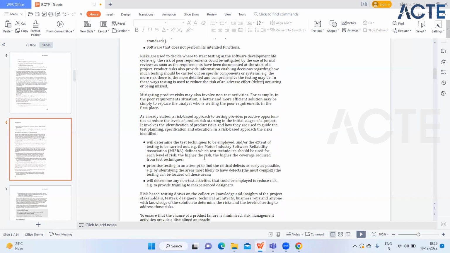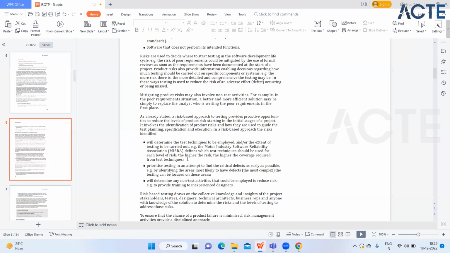The higher the risk, the higher the coverage required from test techniques. So if, as per the test conditions or test cases, you define the risk associated with them, then definitely you will have a higher quality project delivered.